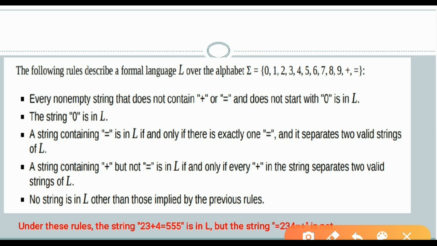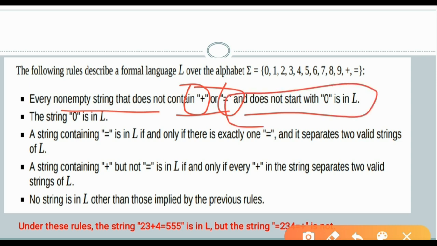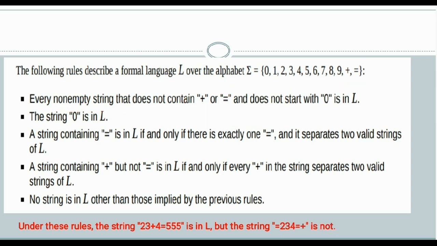The first rule is every non-empty string that does not contain plus or equals and does not start with 0. Non-empty string means you are not having an empty string. I am representing a string like this.